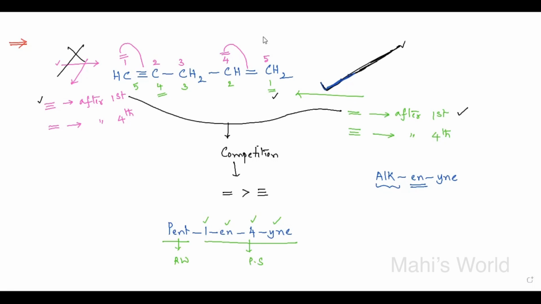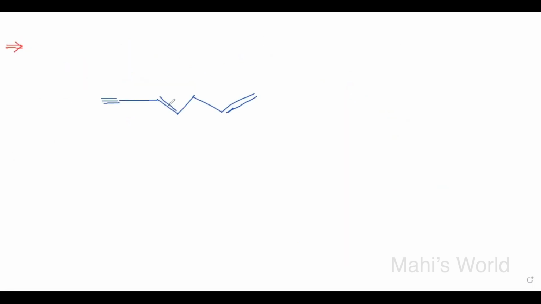Let me just give you one more. Check this out. I've got 2 interesting things to discuss here. Now this is of course a carbon. First carbon here, second carbon here, third carbon here, fourth carbon here, fifth, sixth, and seventh. So overall there are 7 carbons.